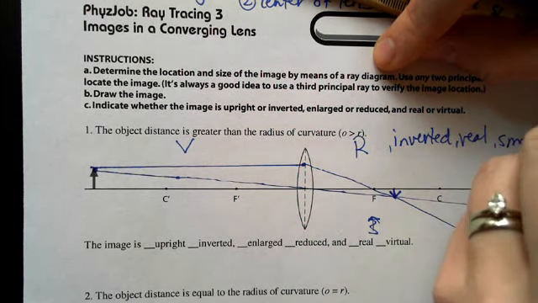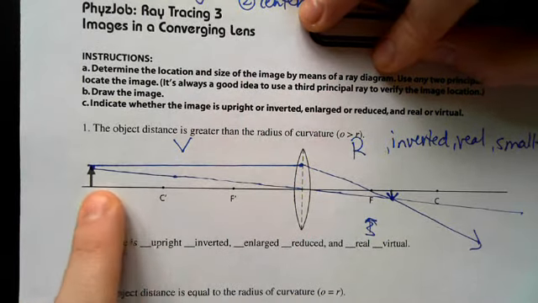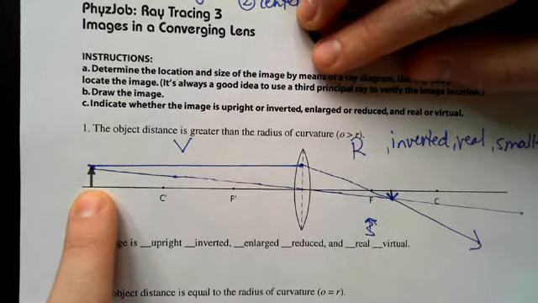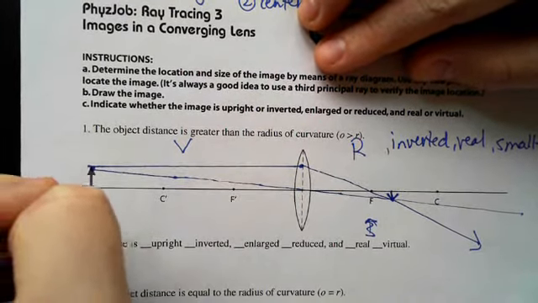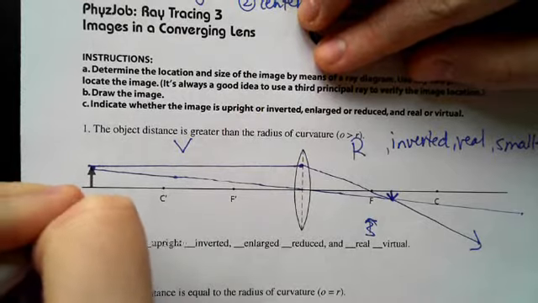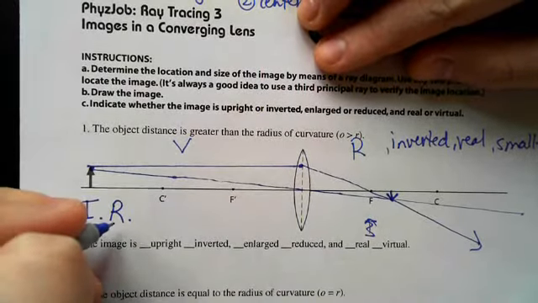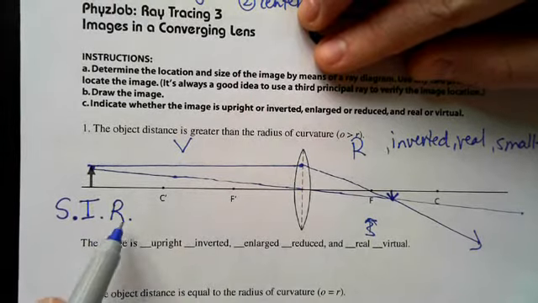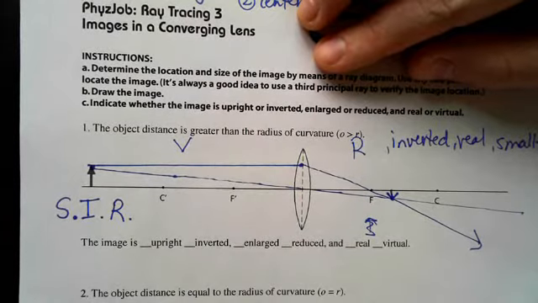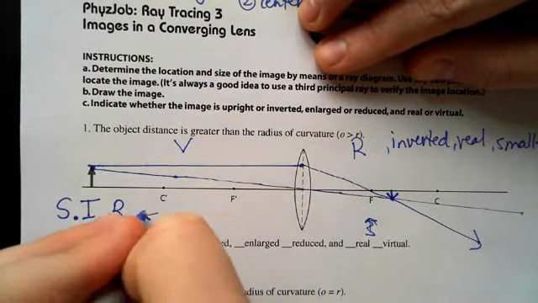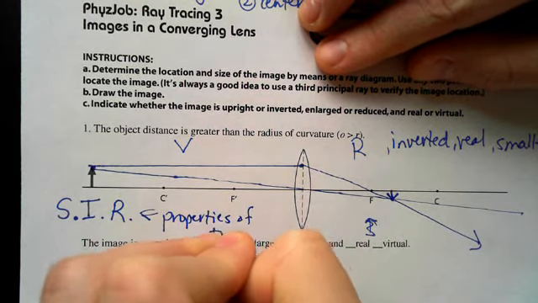We'll just say smaller. As you can see, this object is beyond the center of curvature. So for beyond the center of curvature, we're going to remember a little acronym here: SIR. S-I-R. Smaller, inverted, and real. That's how we're going to remember the properties of the image.